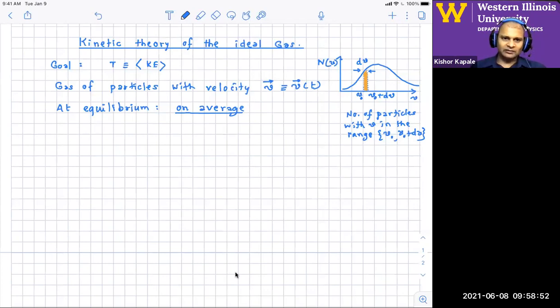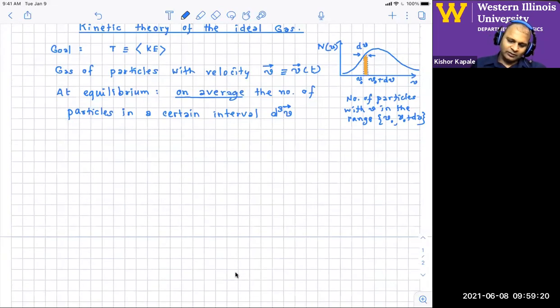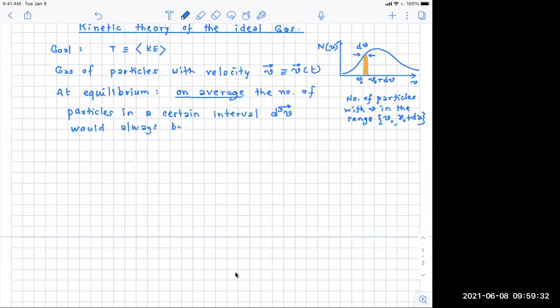So the argument I'm making is, on average, at equilibrium, the number of particles in a certain interval d cube v, this is how you would write a small volume element in velocity space, which is three-dimensional, would always be the same.